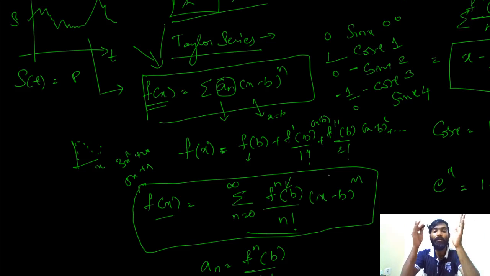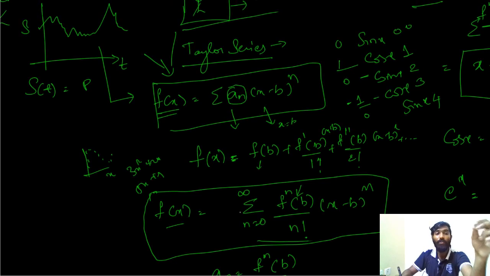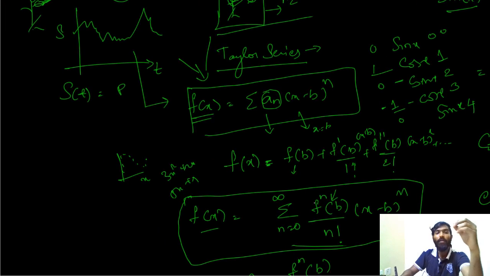This is an important thing that you understand. If you are able to calculate the nth derivative of the function at a point x equals b, then you are able to calculate your f of x. There are some really good techniques where you can computationally calculate the derivatives, or there are some cases where you can calculate the derivatives but you cannot actually calculate the function itself.